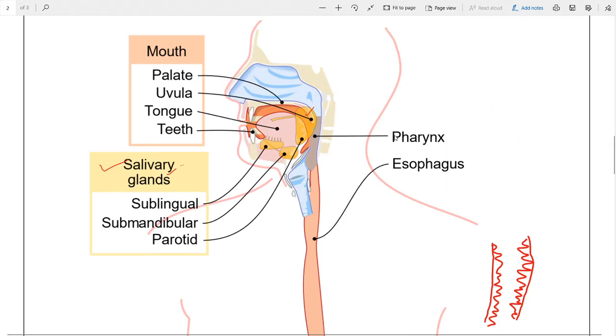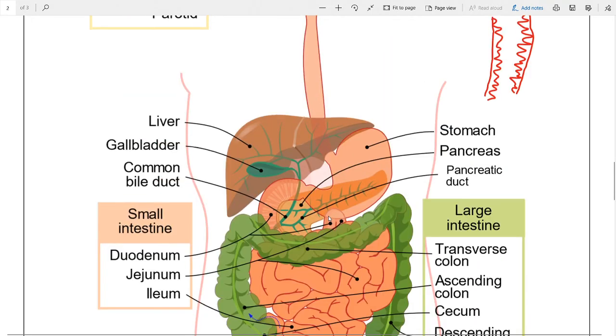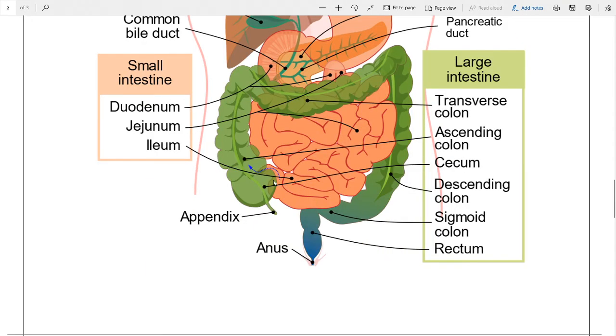Then next is the large intestine. What is the large intestine? It is next to the small intestine. When the food enters this large intestine, this part is known as the ascending colon. This is the transverse colon.